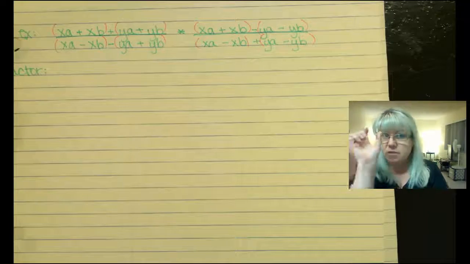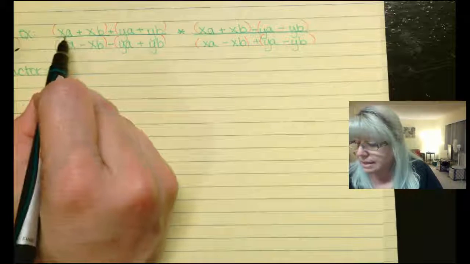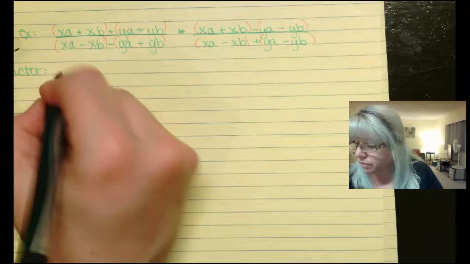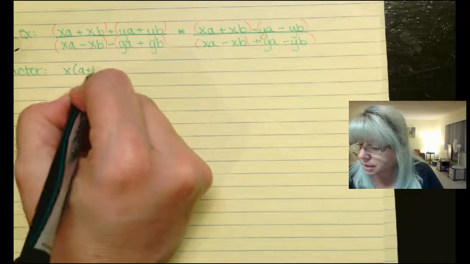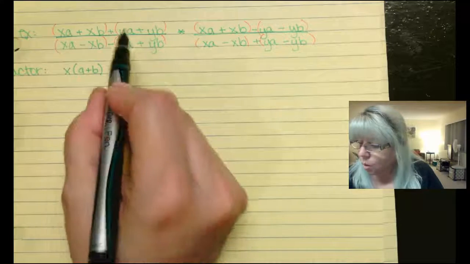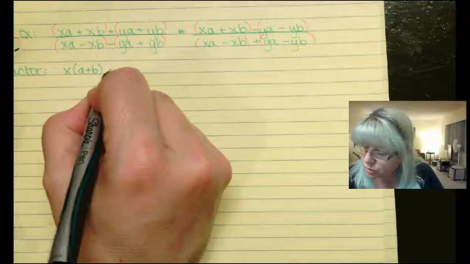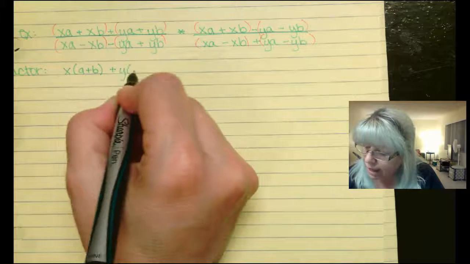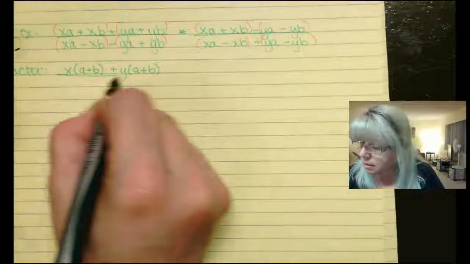So xa plus xb will factor into x times a plus b. ya plus yb will factor to y times a plus b. All right.